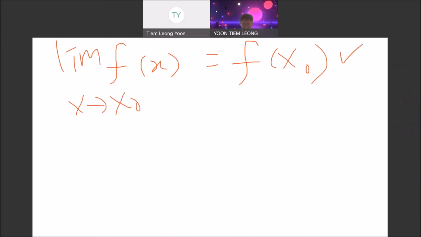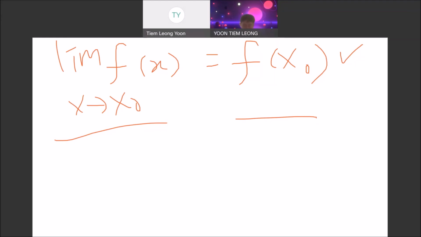If the left hand side equals the right hand side, then we say the function is continuous. In other words, if a function is continuous, then its limit exists, and the limit just equals the value of the function evaluated at x0.